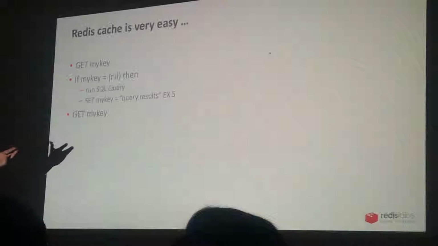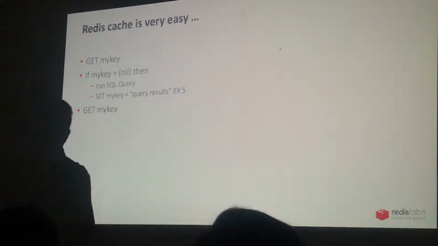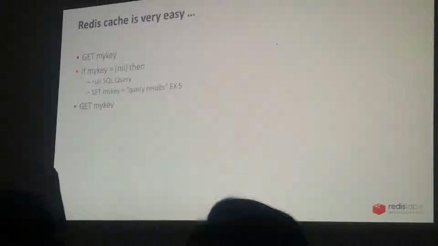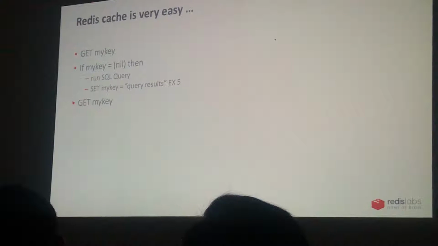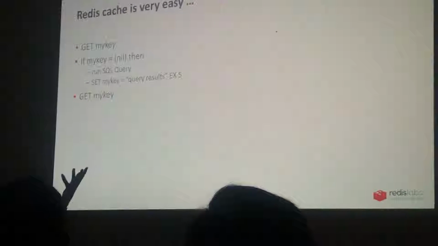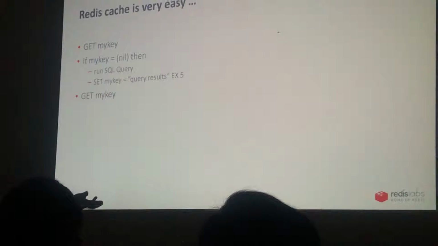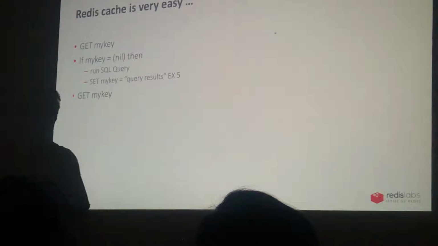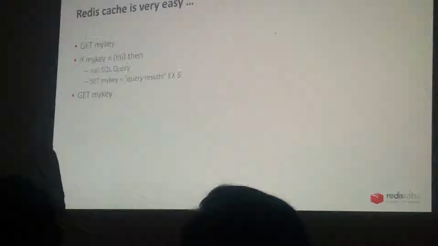And then next time you just go get my key. And for the next 5 seconds, that data is there. After 5 seconds, it's gone. If you're querying your database, let's say 1,000 times a second, well, you've just scaled your database 5,000 times, right? That's how crazy awesome Redis is. Very simple use case, very, very popular.